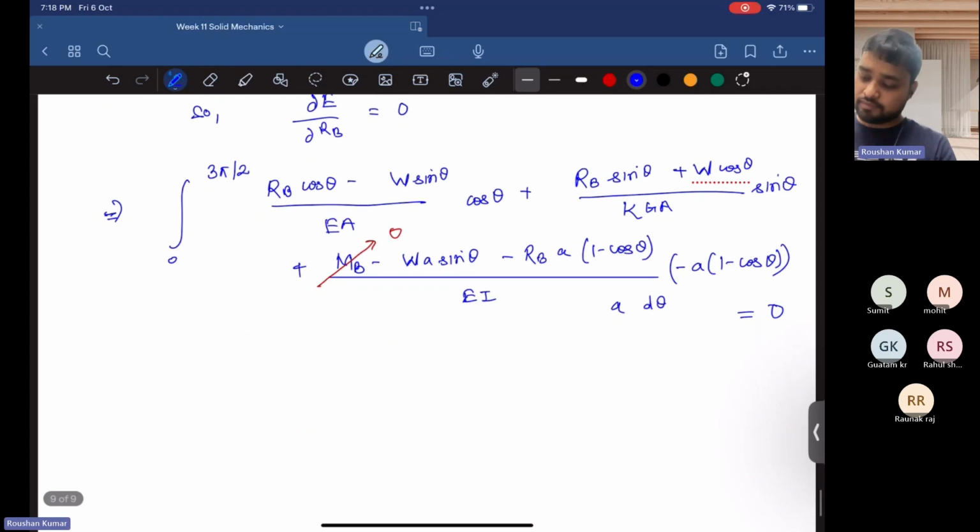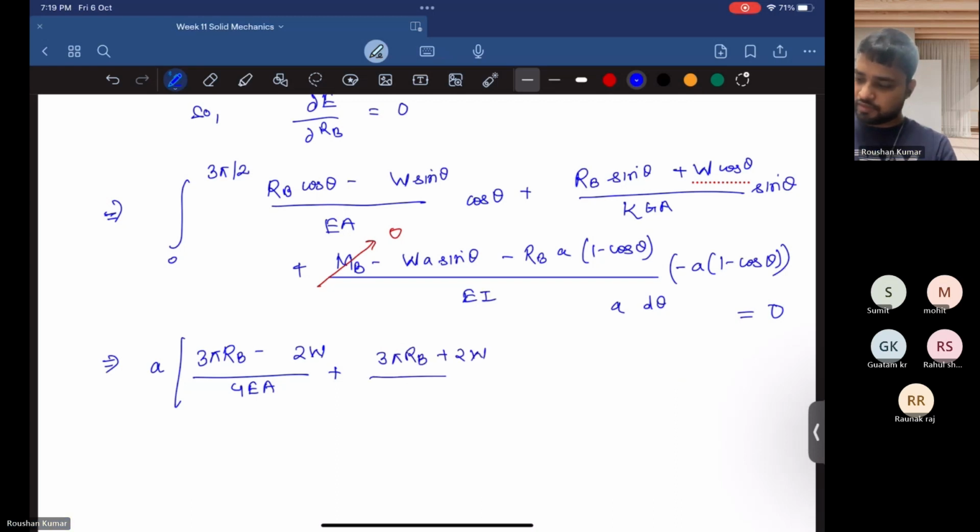So finally it becomes A times 3 pi RB minus 2W upon 4EA plus 3 pi RB plus 2W upon 4 kappa GA plus WA square upon 2EI plus RB A square into 2 plus 9 pi by 4, equal to 0.